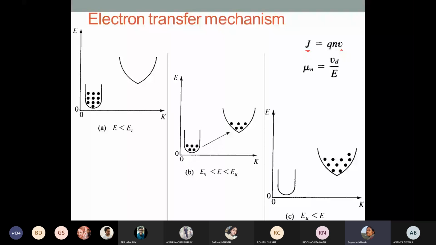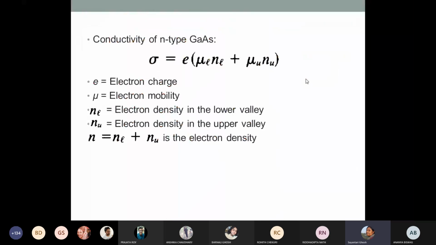Okay, so let us just stitch all these things together and see what I can expect from here. So the effective conductivity of these systems is usually just N e mu. That was the expression for conductivity. You also derived that in the last class. Now, when some of them are in the lower valley and some of them are in the upper valley, which mu value do you want to take?